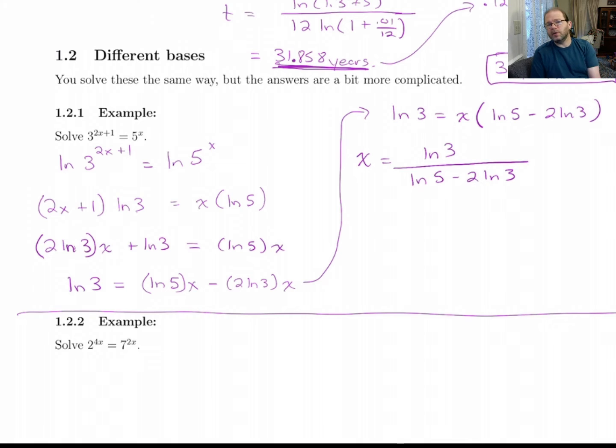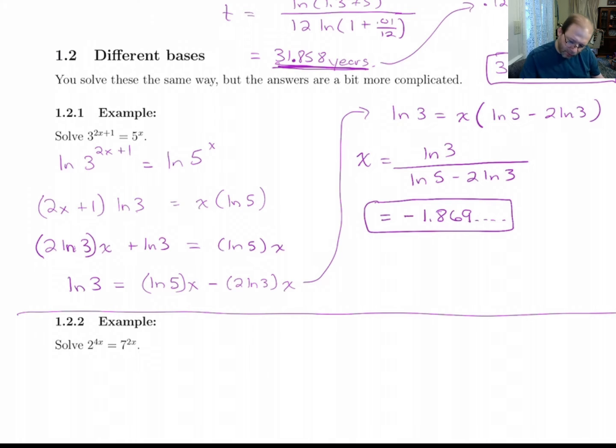And if you wanted to, you could take this, plug that straight into your calculator, and get the answer. Let's do that. ln 3 divided by, open parentheses, ln 5 minus 2 ln 3. That gives me negative 1.869, and it keeps going. All right, that's one way you could do it.